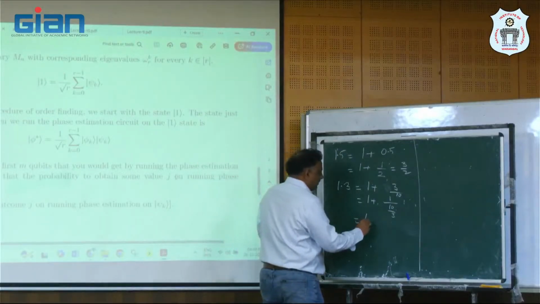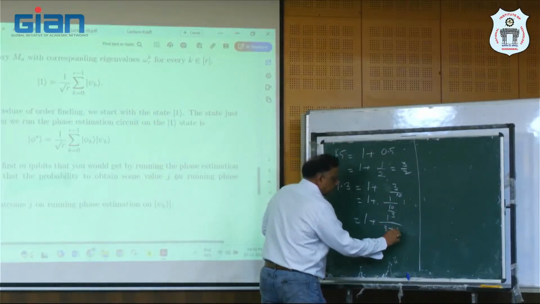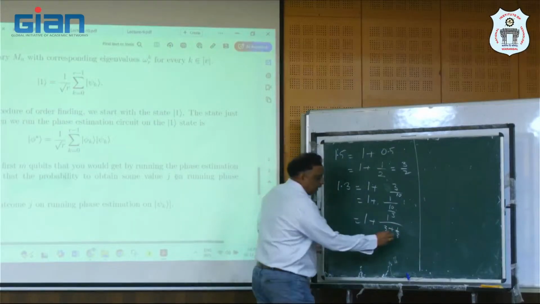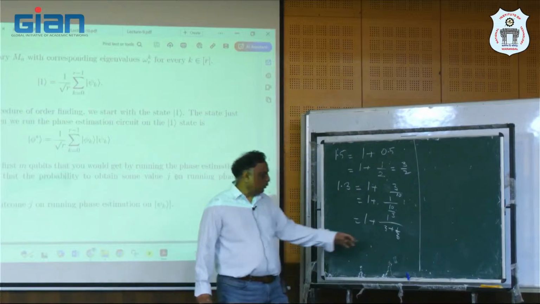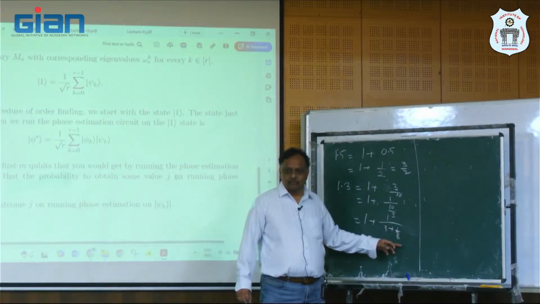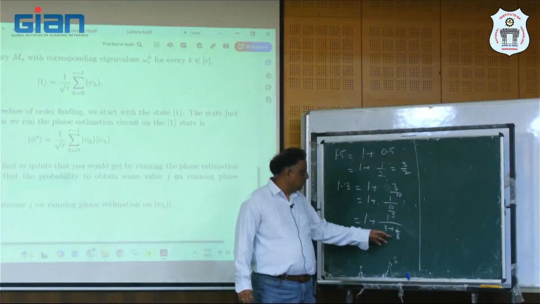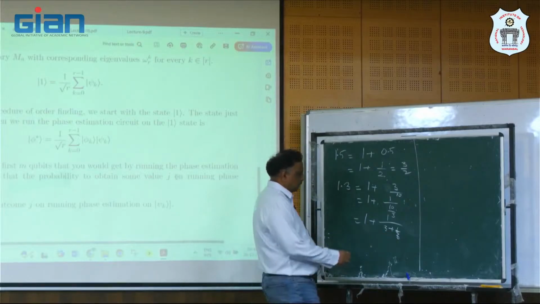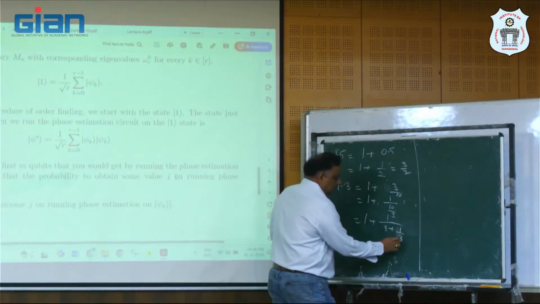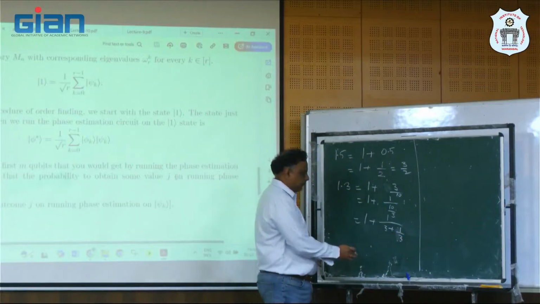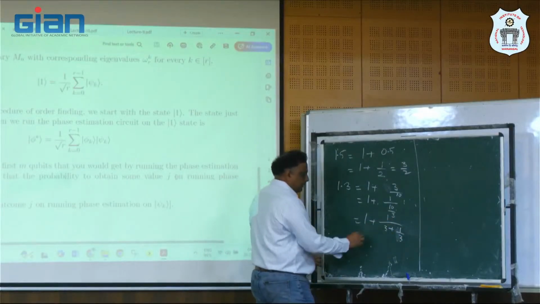Now this is 1 plus 1 over 3 plus 1 over 3. Agreed? Now I don't have to continue because one over 3 has no fractional part. So what is this whole thing now?